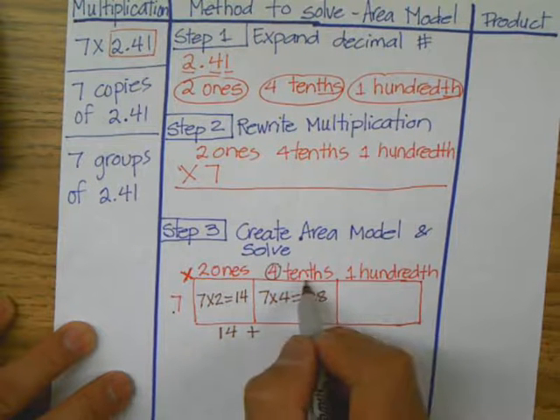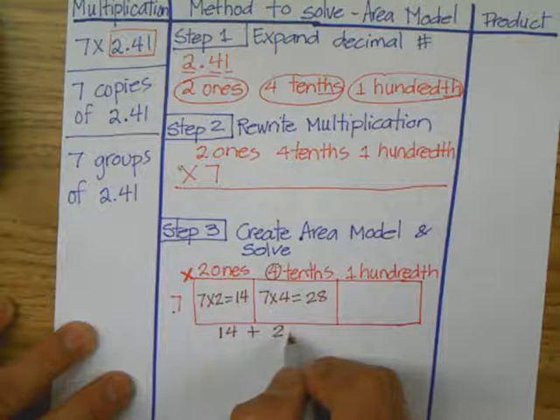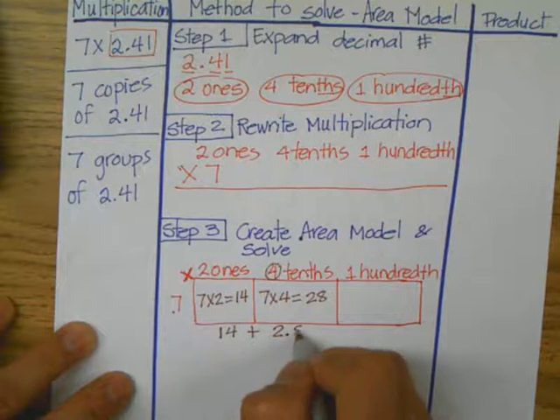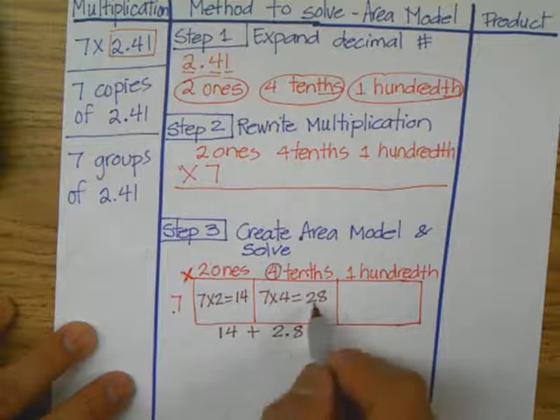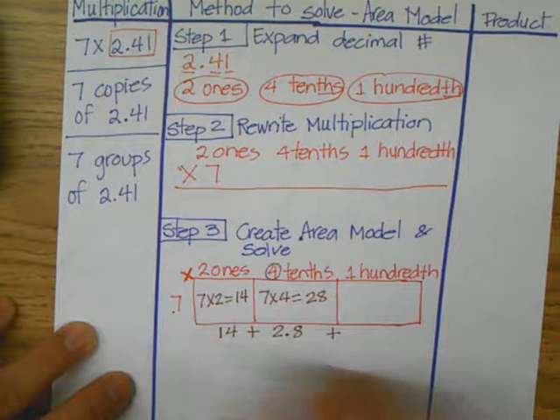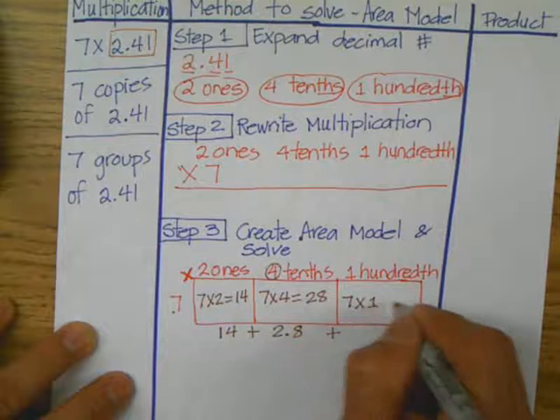How do you write 28 tenths? You write it like this: 20 tenths plus 8 more. That will be 28 tenths. Plus 7 times 1 equals 7.